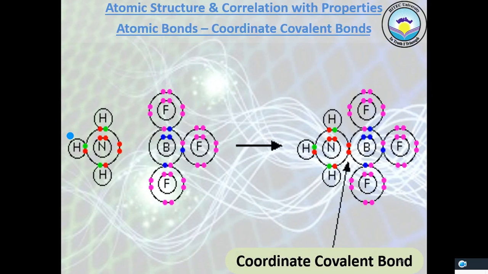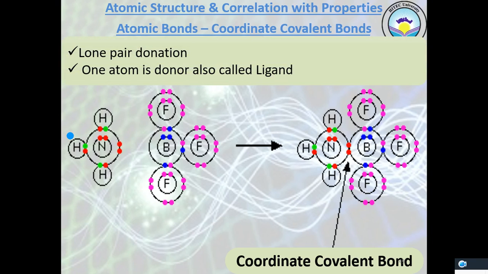So this is your coordinate covalent bond. In case of a coordinate covalent bond, you will see that there is a complete lone pair donation. For example, in this case you can see one extra pair is available on the nitrogen, and one extra pair is required by the boron as well.